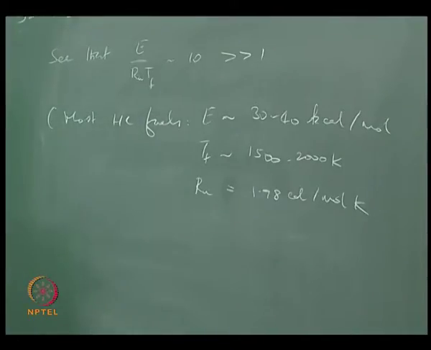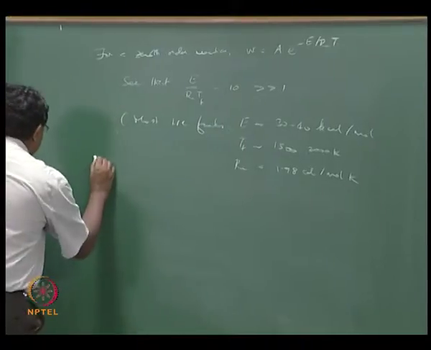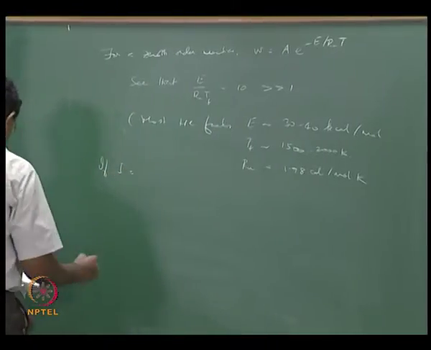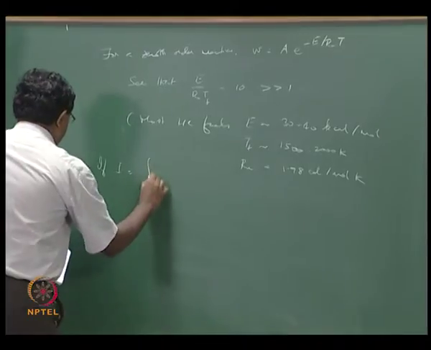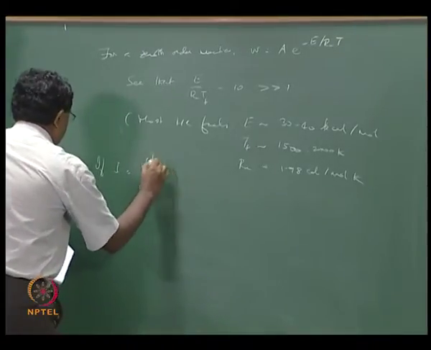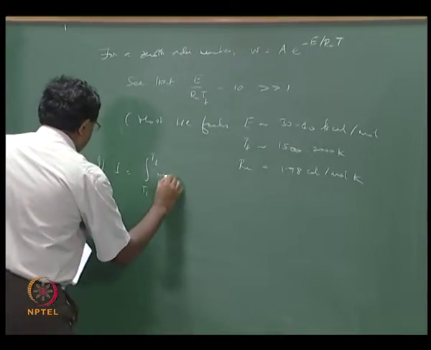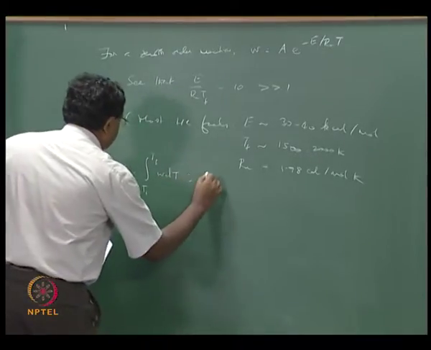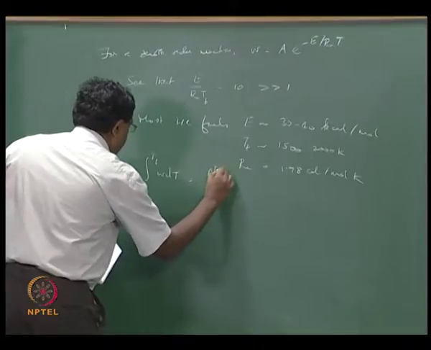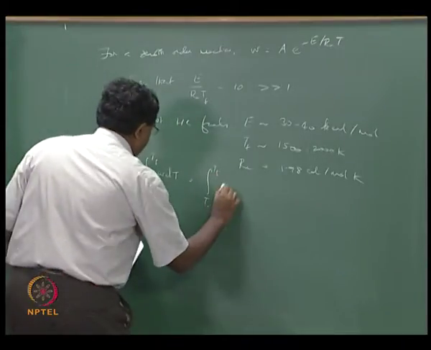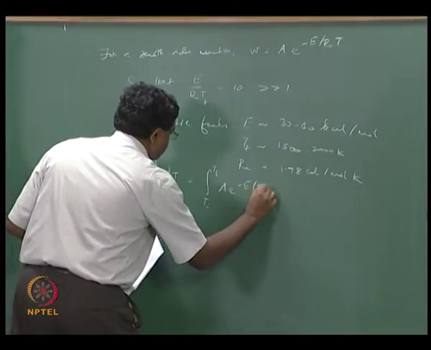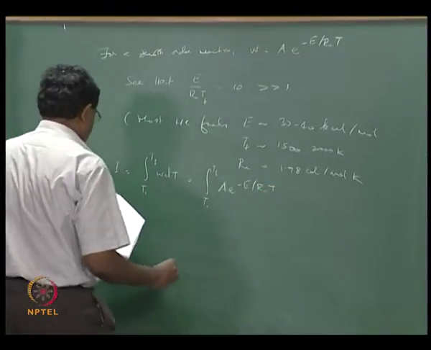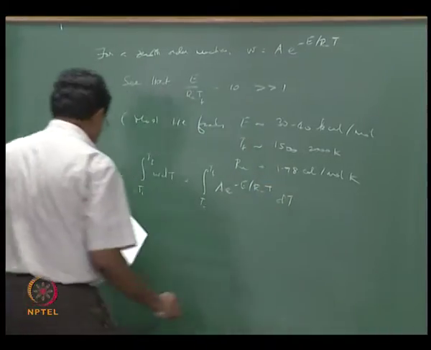So what we want to do is, if I equal integral Ti to Tf W dt, then this is equal to integral Ti to Tf A e to the minus E over RU T dt.